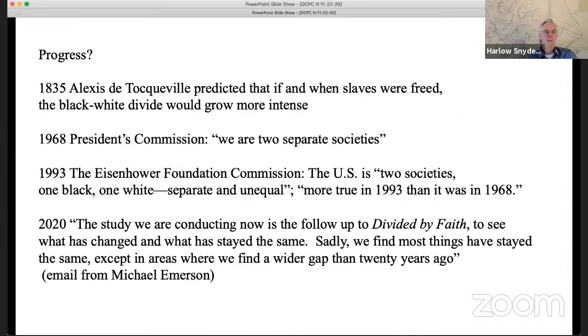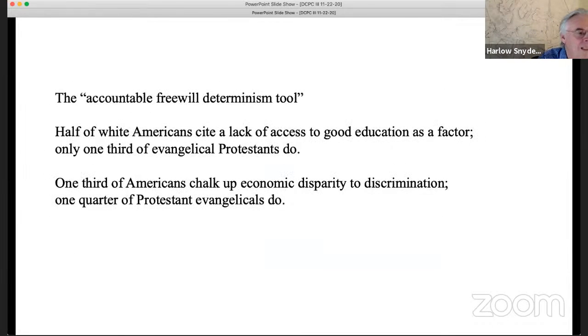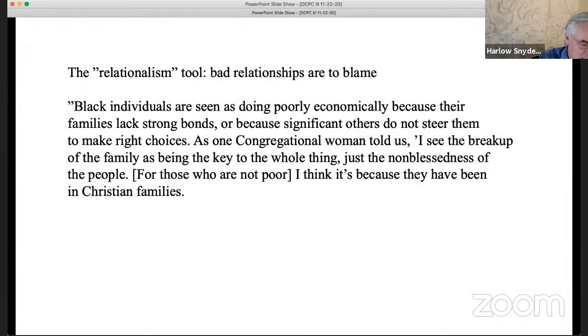Sadly, we find most things have stayed the same, except in areas where we find a wider gap than 20 years ago. So that's Michael Emerson commenting on the state of affairs as of about a month ago. That's the progress that we've been making or not been making, as the case may be.